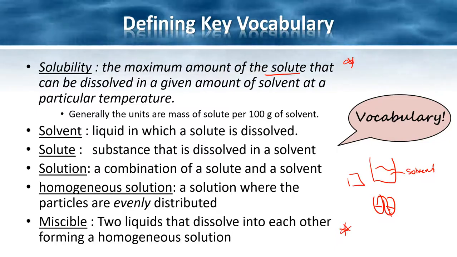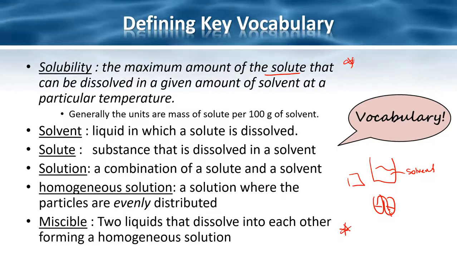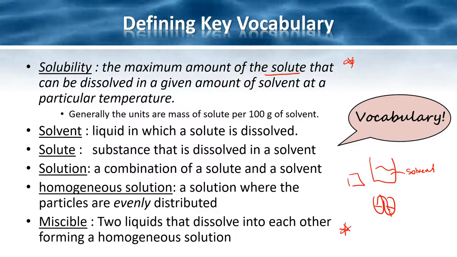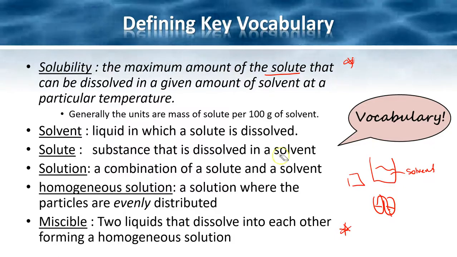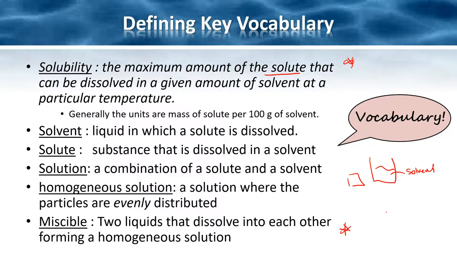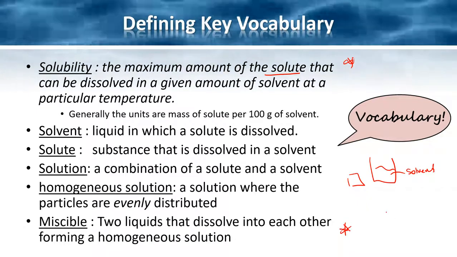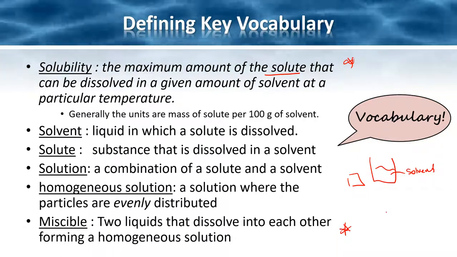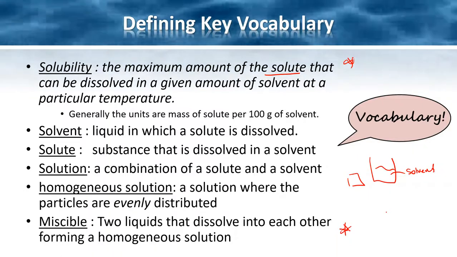Ethanol and water would be miscible in each other. Ethanol is soluble in water. Immiscible means not able to dissolve into each other, which is the case of water and oil.